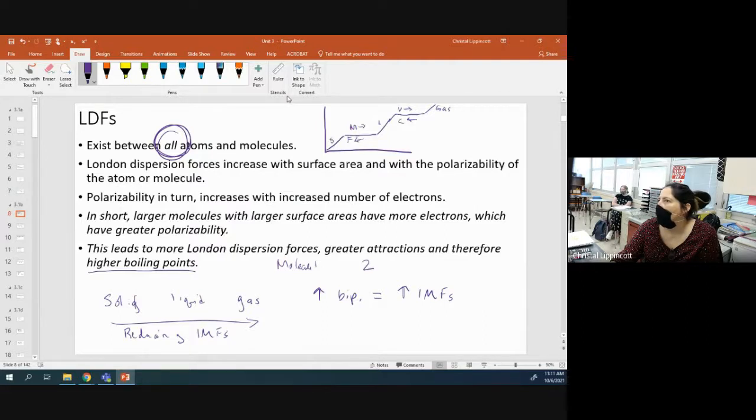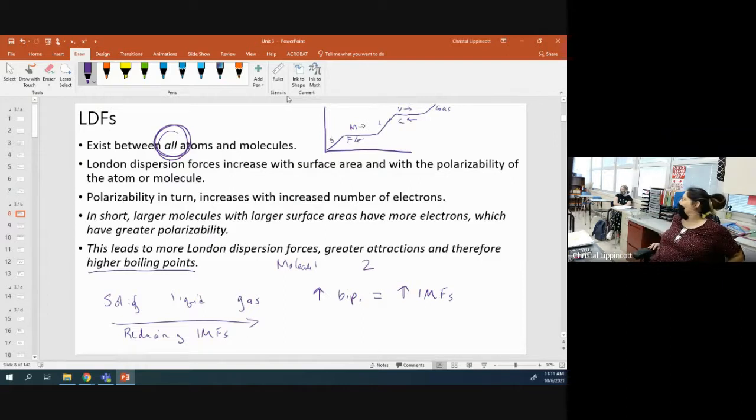Here you're getting rid of them completely if you're going this direction. If you're going back the other direction, here you're reestablishing IMFs, and here you're making them even stronger. The reason why something is a solid, liquid, or gas is the strength of its IMFs. That's what determines a solid, liquid, or gas.